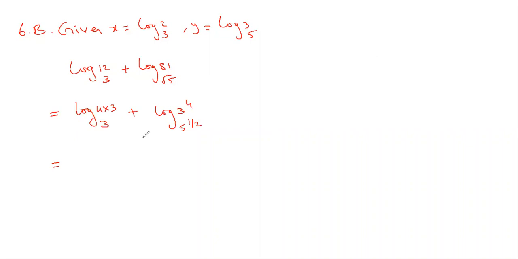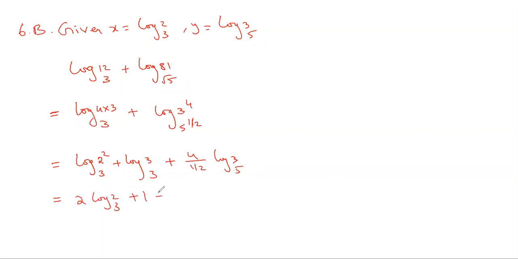and this one is log 4 is 2 square base 3 plus log 3 base 3, since log AB is log A plus log B, plus 4 by 1 by 2 into log 3 base 5, which is equal to 2 log 2 base 3 plus 1 plus 8 log 3 base 5.